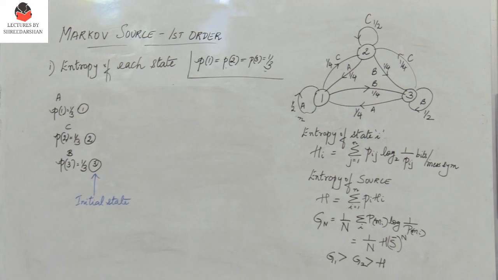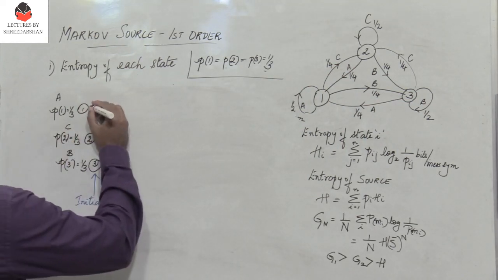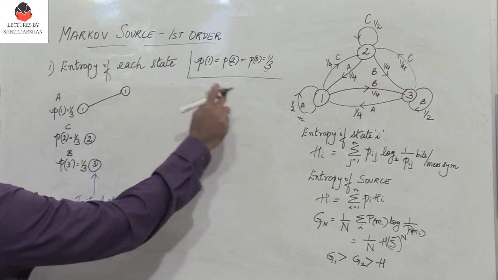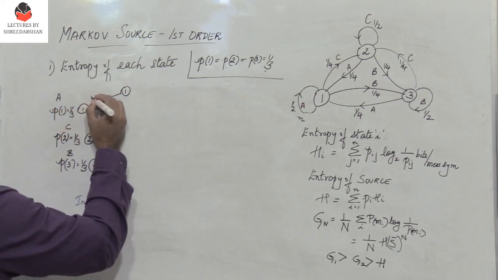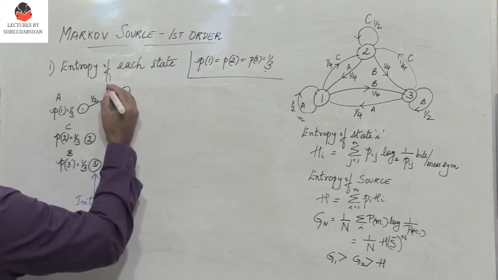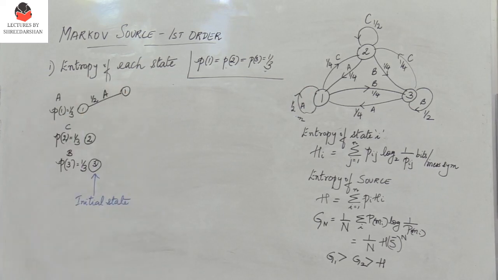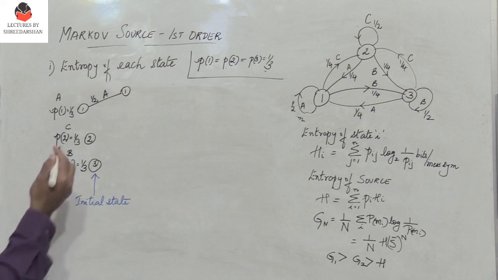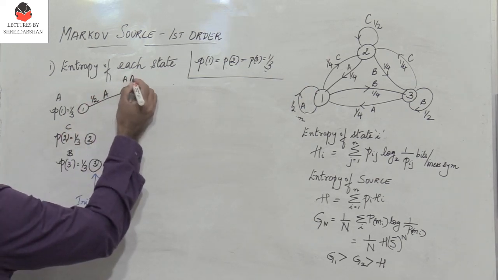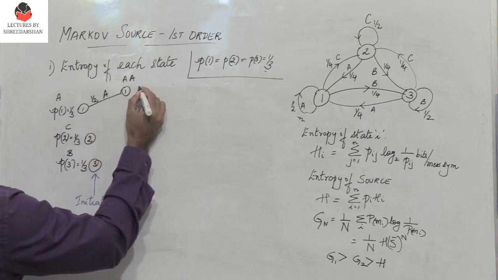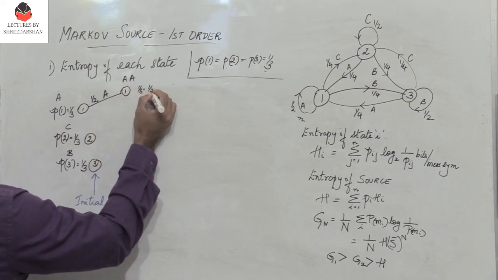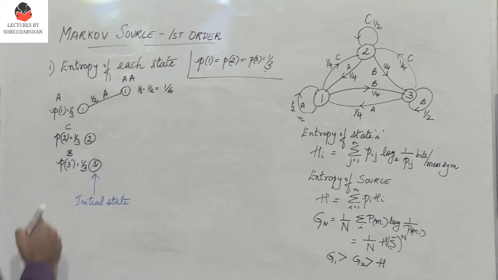Now let us assume that I move from state 1 to 1. So what happens? The symbol probability is 1 by 2, and A is emitted. So finally I get A, and the probability here is 1 by 3 into 1 by 2, which is equal to 1 by 6.